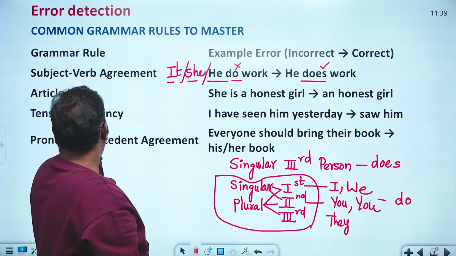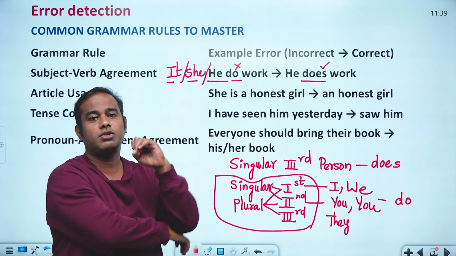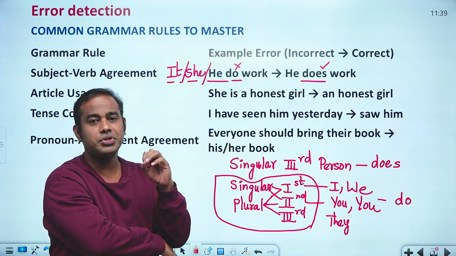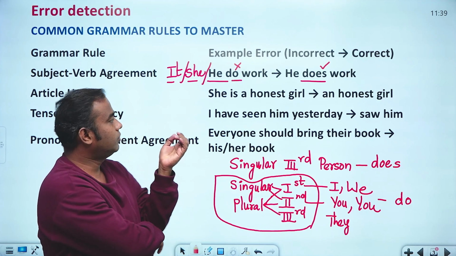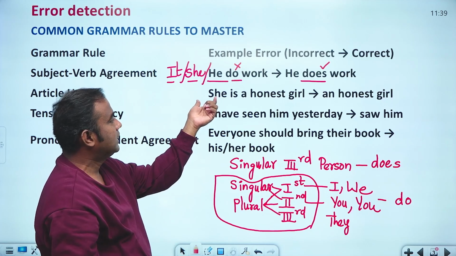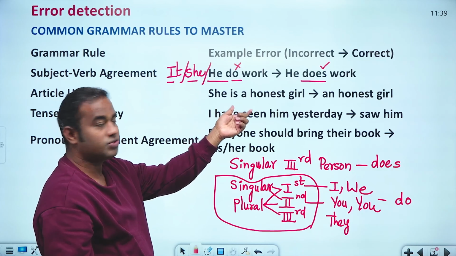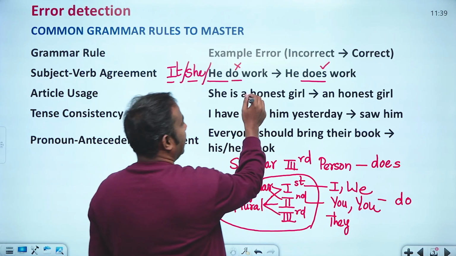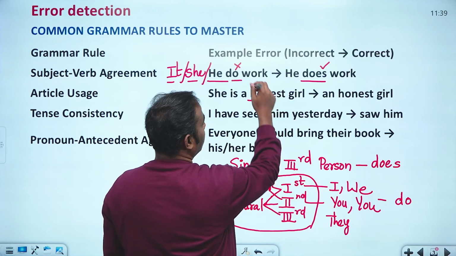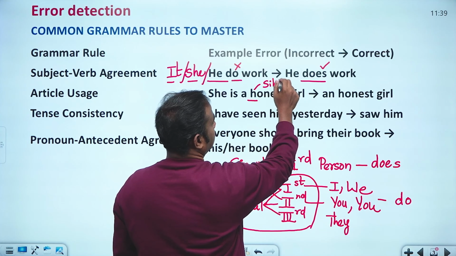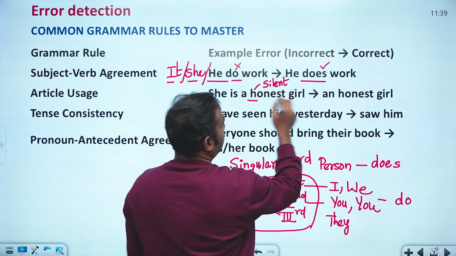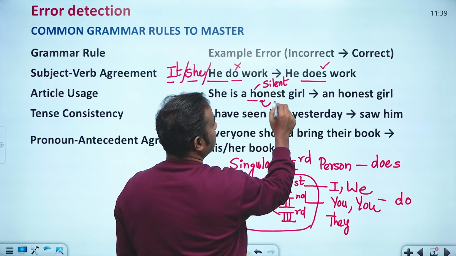Then article usage. For this, I would urge you to read some pronunciation topics. Look at the sentence: She is a honest girl. Here H is silent in the word honest. Since H is silent, the next letter is a vowel.